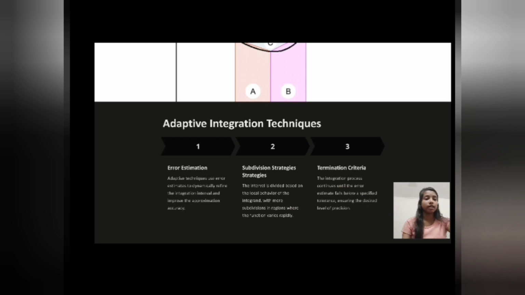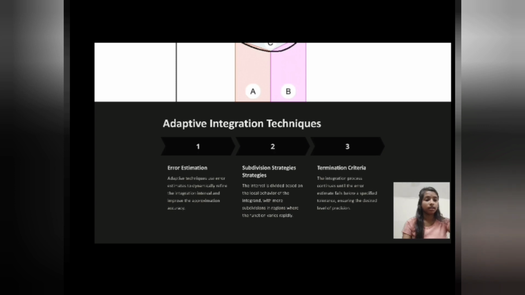Adaptive integration techniques. Error estimation: adaptive techniques use error estimates to dynamically refine the integration interval and improve the approximation accuracy. Subdivision strategies: the interval is divided based on the local behavior of the integrand, with more subdivisions in regions where the function varies rapidly.